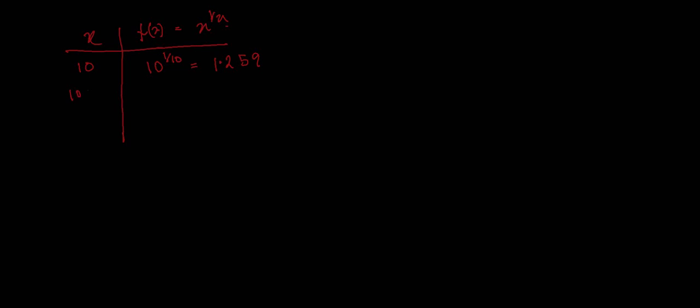Let's put x equals 100: 100 to the power 1 by 100 is 1.047. Let's put x equals 1000: 1000 to the power 1 divided by 1000 is 1.007.